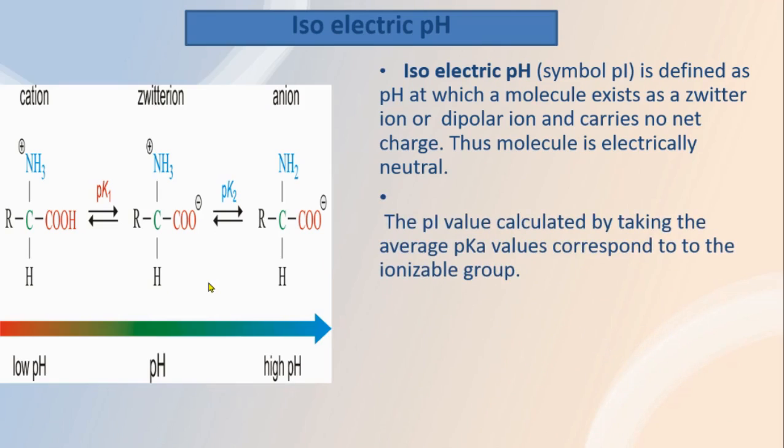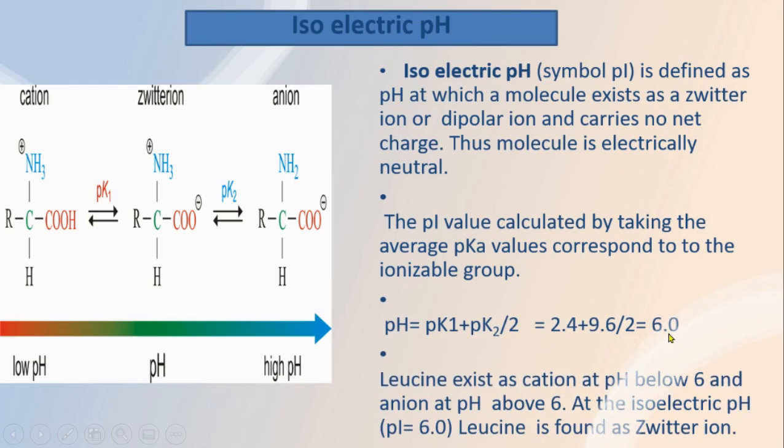The PI value or isoelectric pH value can be calculated by taking the average of pK values corresponding to the ionizable groups. All amino acids have a pK1 value and a pK2 value. If the average of these two values is taken, for example for leucine, the PI is calculated as pK1 plus pK2 over 2. pK1 is 2.4, pK2 is 9.6, so the average is 6.0.